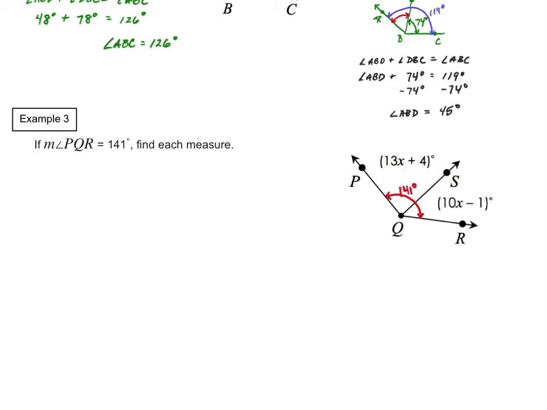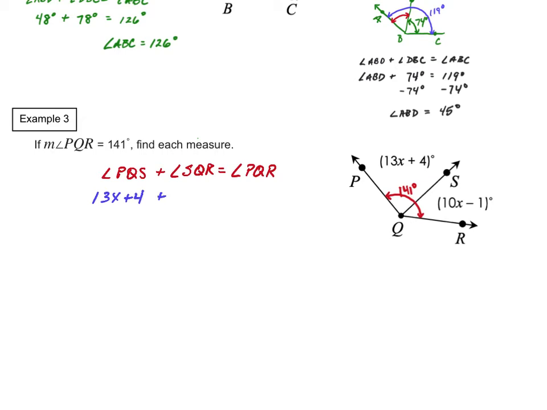So if I write that out using my angle addition, I have the angle of PQS plus the angle of SQR is going to be equal to the angle of PQR. So there's my definition, there's my equation, and if I do some substitution now, PQS is 13x plus 4.